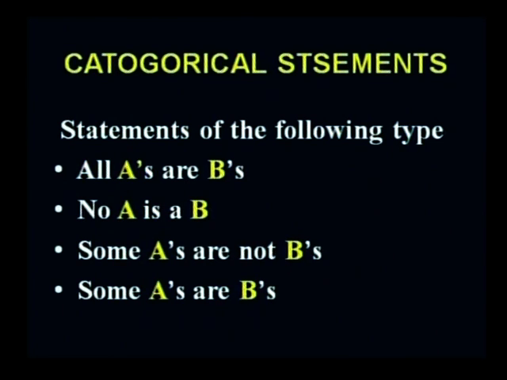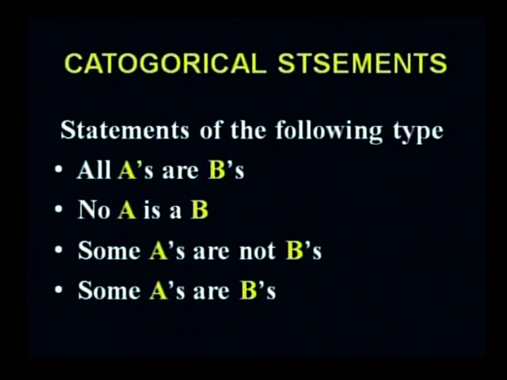There are 4 statements, and they speak of the relationship between two terms, one is A and the other is B. The statements which we write to represent the relationship between two terms, we call categorical statements.